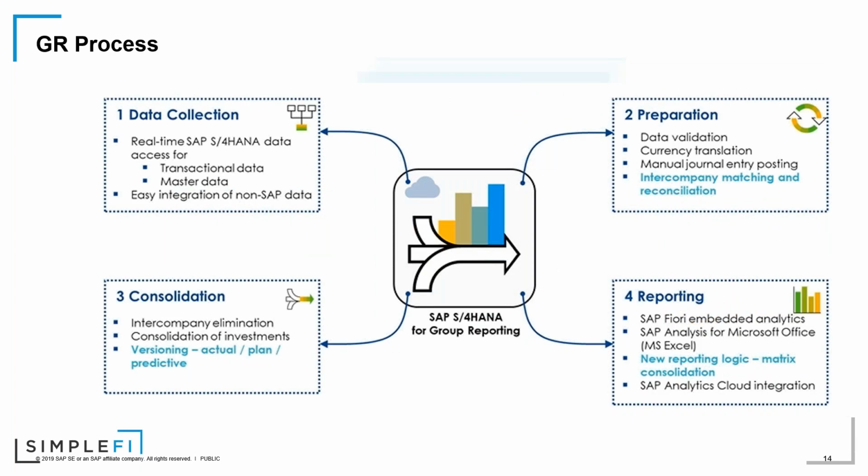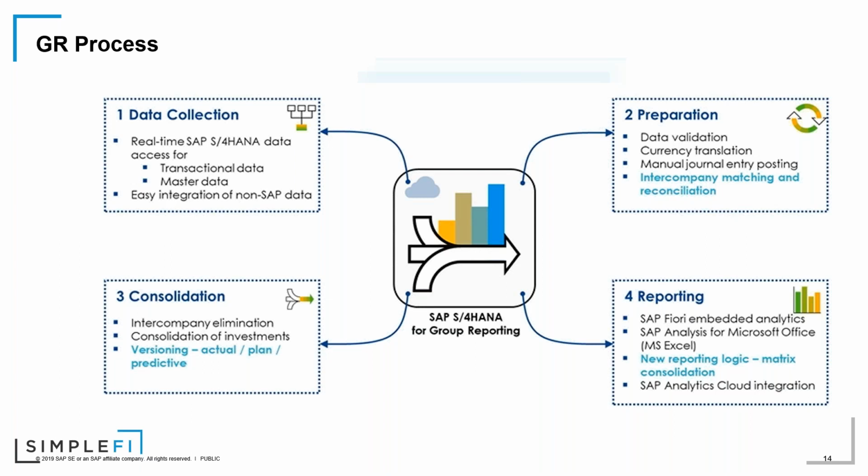When we're looking at the group reporting process, a lot of diagrams that you see basically break it down into kind of four process areas. One being data collection, so that's getting the data into group reporting, be it from non-SAP systems, other SAP systems, or even within the own S/4HANA instance. Then it's preparing the data.